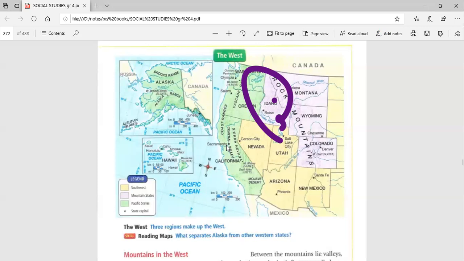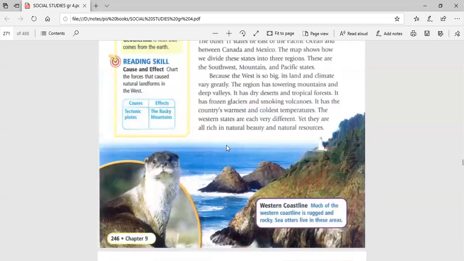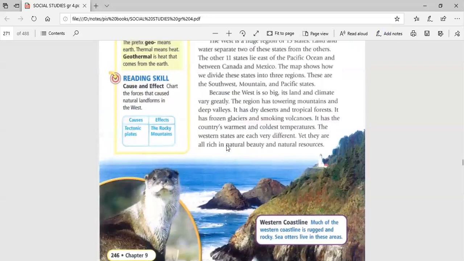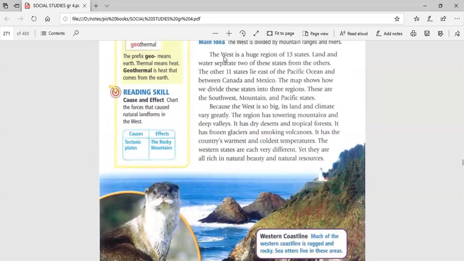Okay. So if we check the first section again, let's read it together. We could find that the West is a huge region of 13 states, and we introduced what the 13 states are. Of these 13 states, 11 states lie east of the Pacific Ocean between Canada and Mexico.